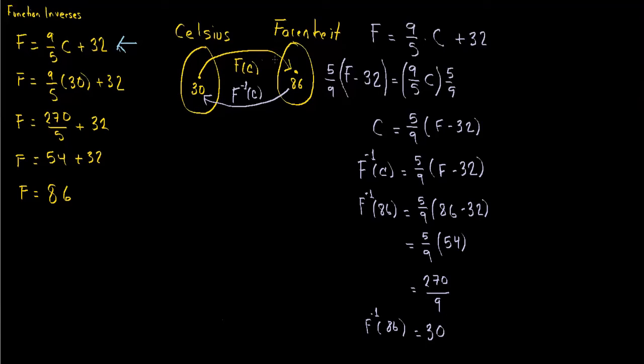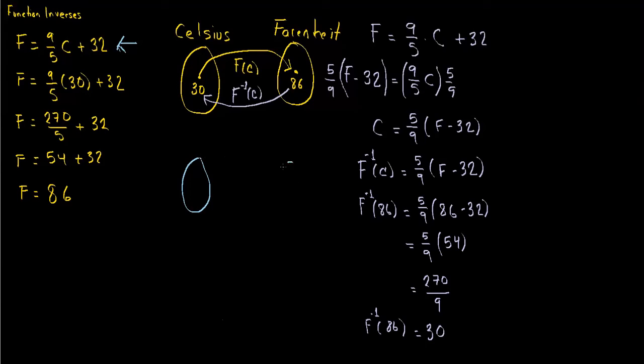We complete this circle: we started in 30, we got to 86, and then we evaluated 86 in the inverse function, and we got back to 30. So now I'm going to do something involving a bit more mathematics.